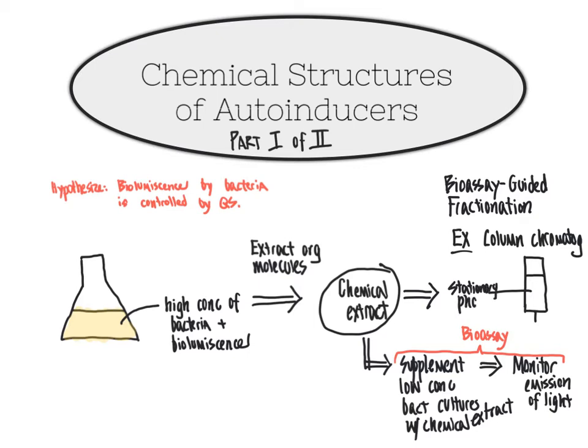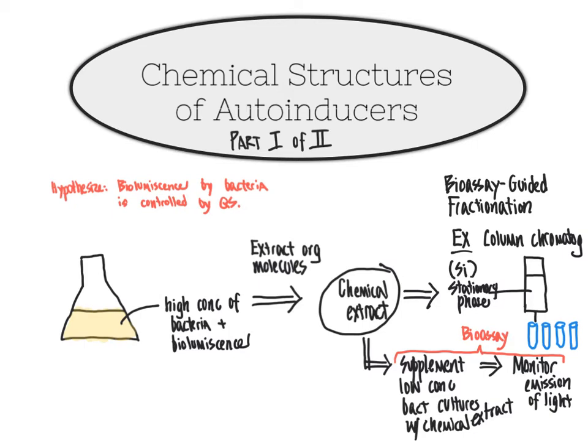A common stationary phase that will separate compounds based on polarity is silica. So silica gel packed into that column will enable the compounds that are applied to that column to be separated based on polarity. And so the way that this would work is one would have a series of test tubes lined up.